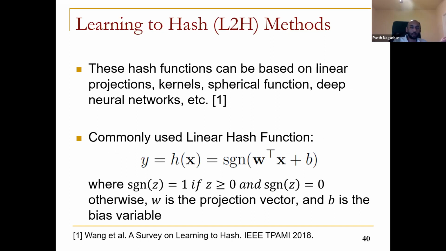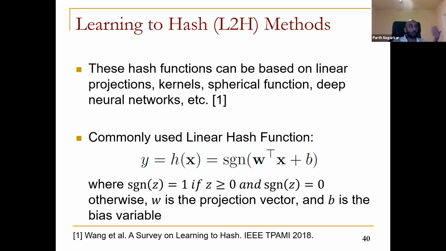So this is a very commonly used linear hash function, where W is this projection vector and B is the bias variable. The only thing I want to show here is that there are hashing methods that take into consideration the data distribution while creating these hash functions.